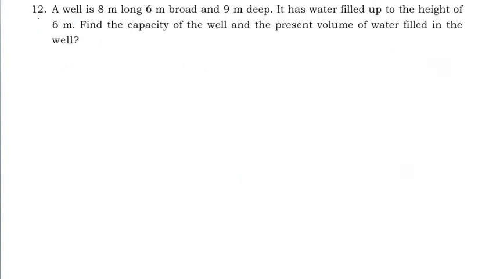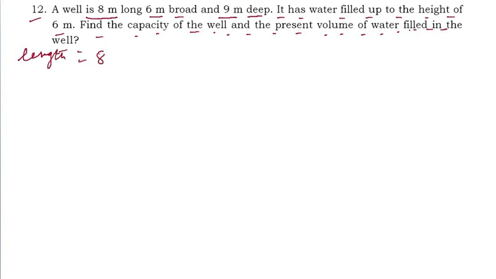Now come to the 12th question. A well is 8 meter long, 6 meter broad and 9 meter deep. It has water filled up to the height of 6 meter. Find the capacity of the well and the present volume of the water filled in it. So you can see here, first of all length.